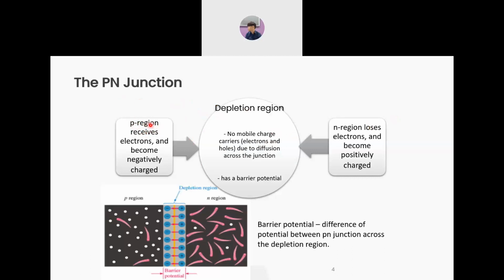The p region receives electrons and becomes negatively charged. When the p region starts to receive free electrons, it becomes negatively charged here. And the n region starts to receive holes, which are positively charged, so the n region loses electrons and becomes positively charged here at the junction.